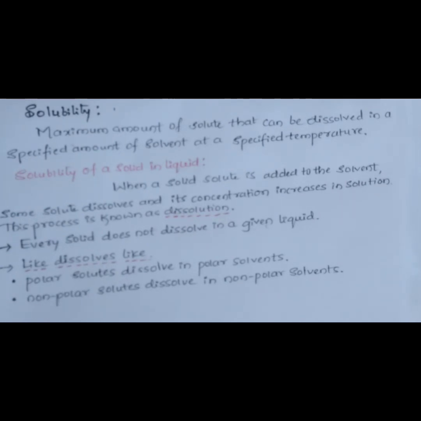Whenever the dipole moment is 0, such molecules are said to be non-polar molecules and such solvents are said to be non-polar solvents. So non-polar solutes dissolve in non-polar solvents and polar solutes dissolve in polar solvents. This is how solids get dissolved in liquids.